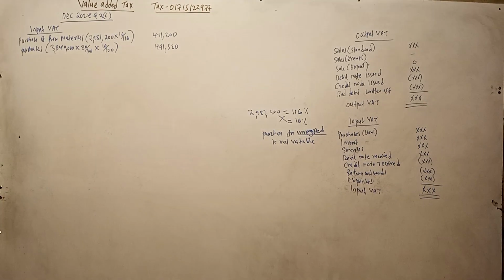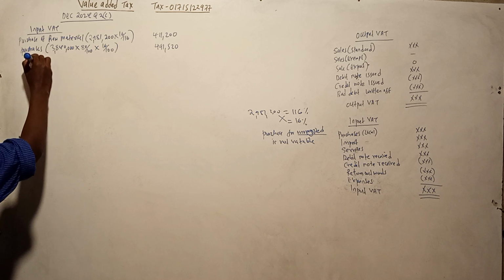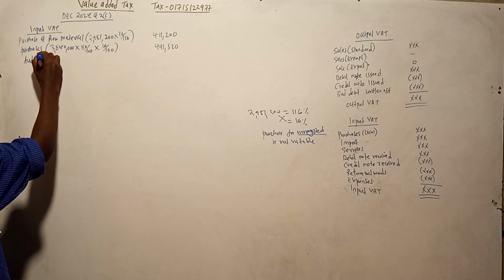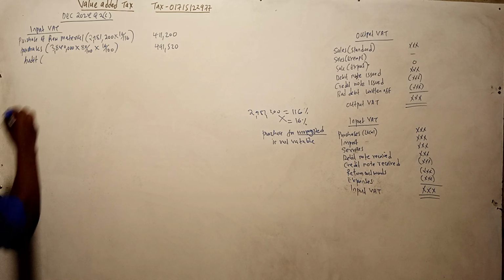Next, information number 3. Sorry, information number 3 or what? Yes, number 4. Ameruka na information number 2. Haina. Information number 2 ni ile ya sales pale juu. Paid an audit service amount to 290,000. So audit service, that is a payment. Unaweka side. Payment is input. Audit payment, how much? 290,000.